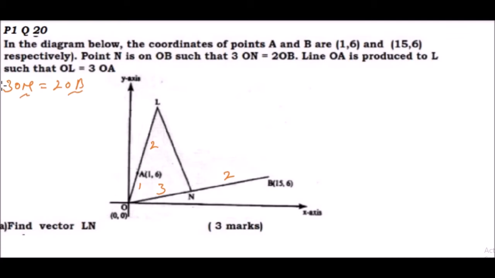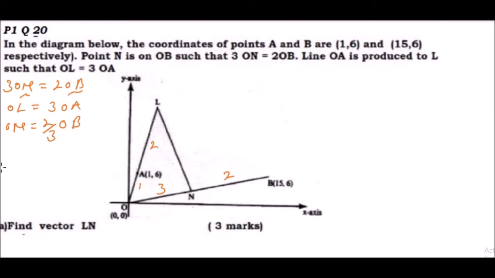These are vectors, and we also know that OL is equal to 3OA. This means we can have ON equal to, we divide both sides by 3, 2 over 3 OB. And we also have OL here, so we don't need to write that.